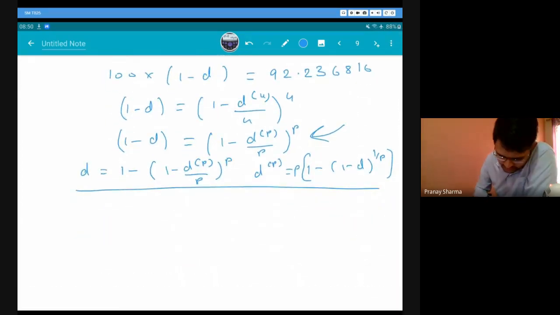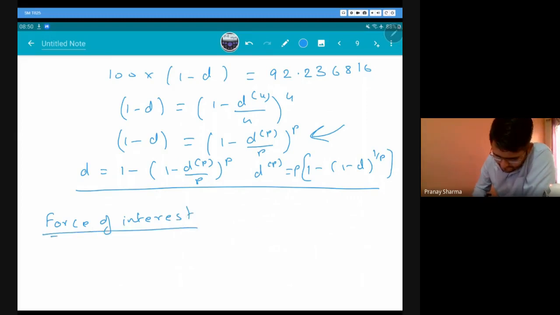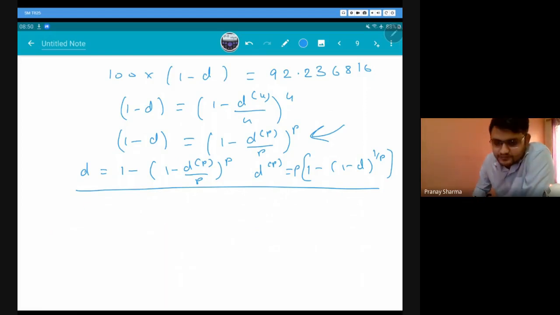Now we'll talk about one more thing, that is force of interest. Before we talk about force of interest, we'll convert a few values.